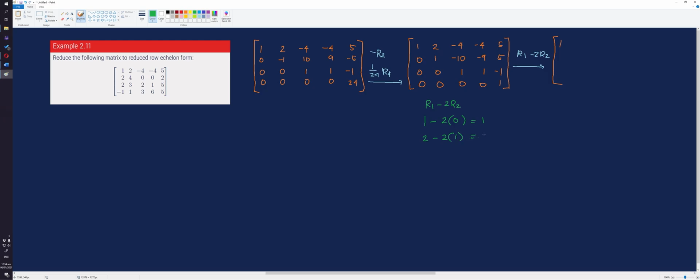And this is equal to 0. Next, the third component of row 1, which is negative 4, minus 2 times the third element of row 2, that is negative 10. Perform the operation. This is positive 16.